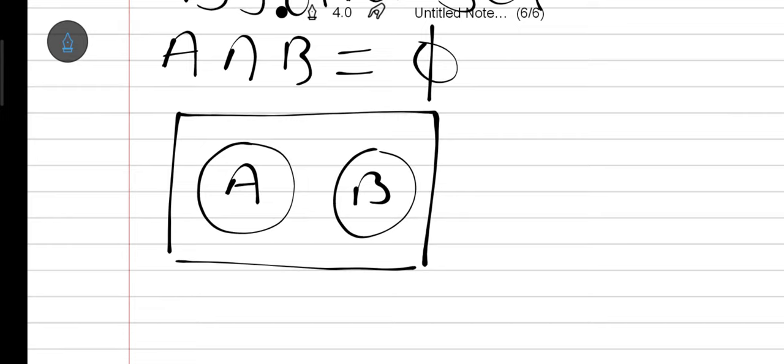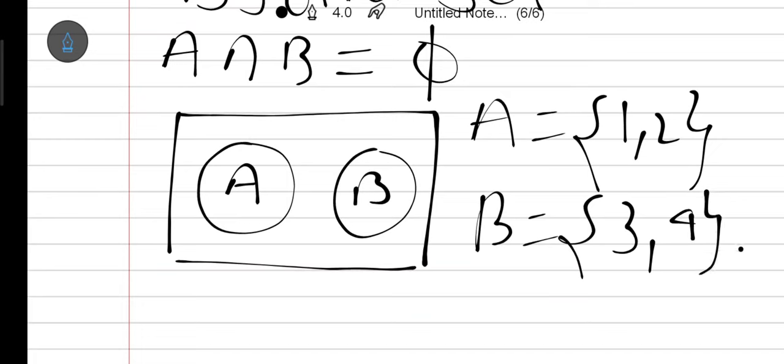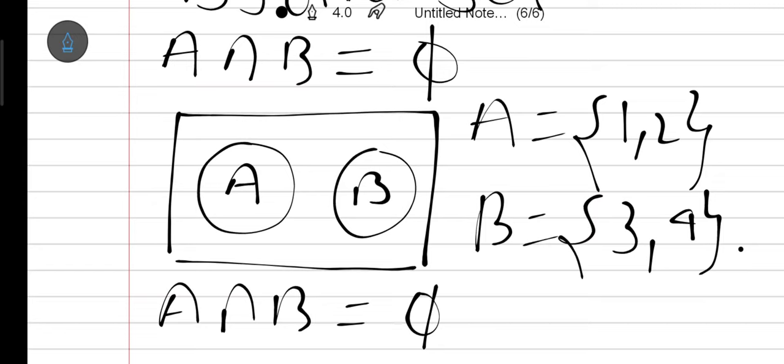If we take an example, in set A we have 1, 2, and in set B we keep 3, 4, then these both sets are disjoint, meaning A intersection B is equal to phi here. So this is what disjoint set means.